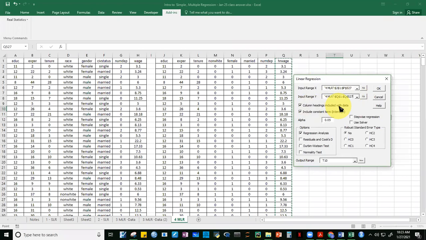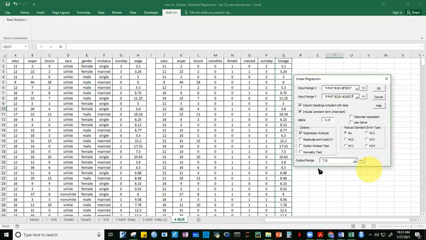And then si Y natin will be Q1 up to Q527. And then the default is column headings. Sinama natin guys yung column headings. And then we're going to include intercept. Kasi pwede guys na hindi isama ang intercept, no?